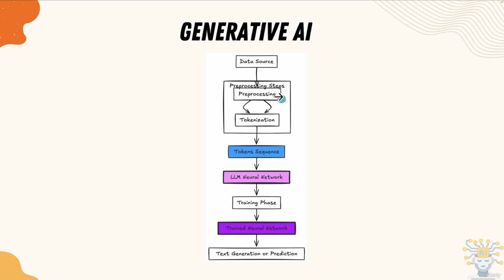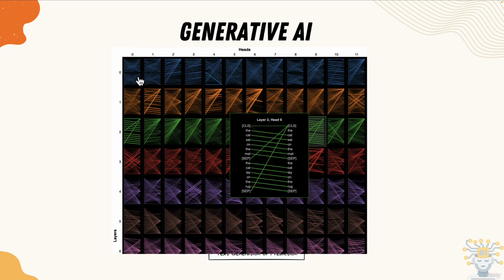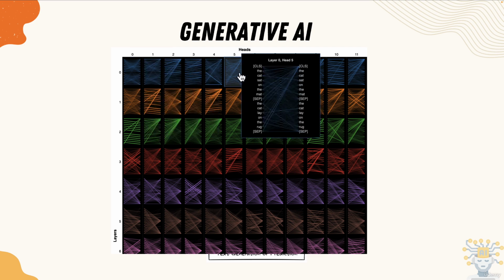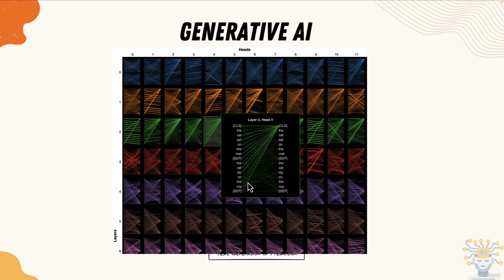After tokenization happens, it does the token sequencing. This is where things get very interesting, because in token sequencing, it knows what these values are going to be. So when you ask, Karthik, what are tokens in a nutshell?